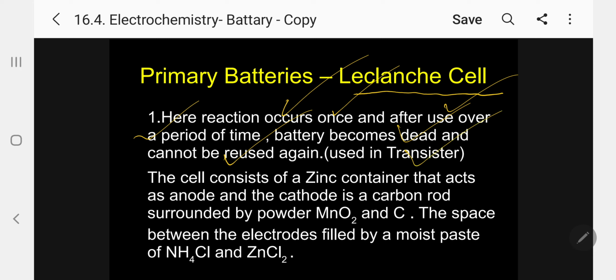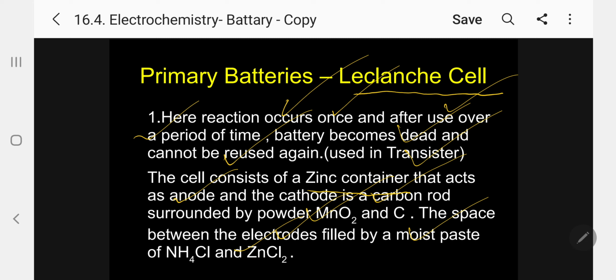The cell consists of a zinc container that acts as an anode, and the cathode is a carbon rod surrounded by powdered MnO2 and carbon. The space between the electrodes is filled by a moist paste of ammonium chloride and zinc chloride.